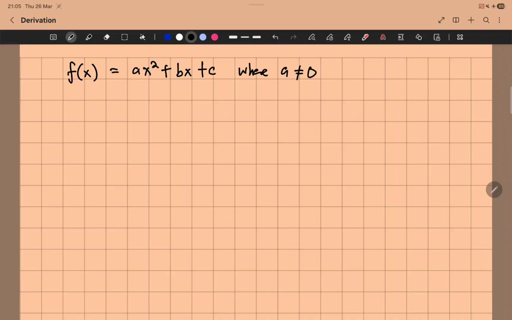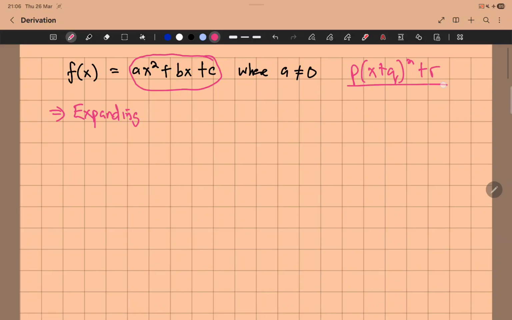Okay, so today we're gonna be looking at the second part of what I introduced in my previous video. I was introducing how we can express quadratic equations in the form p bracket x plus q squared plus r. So I was explaining the method of expanding.